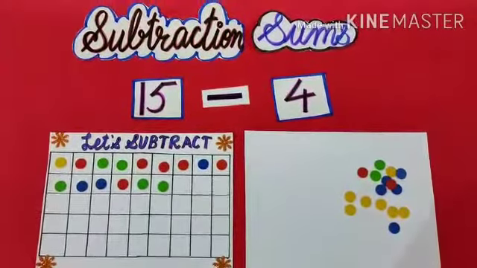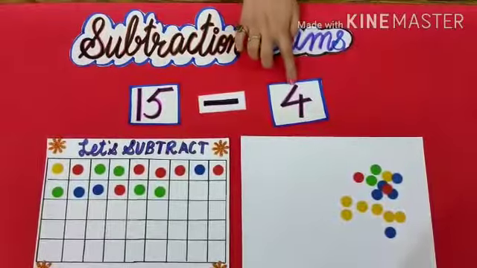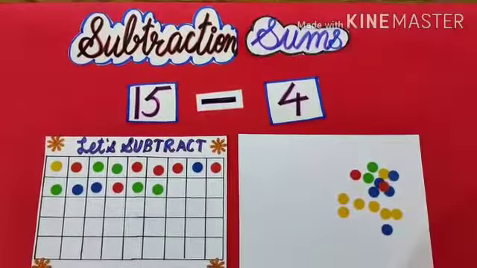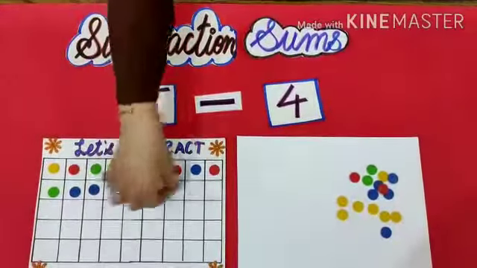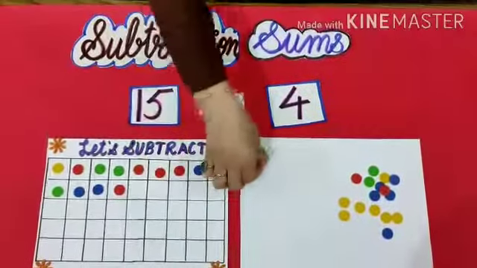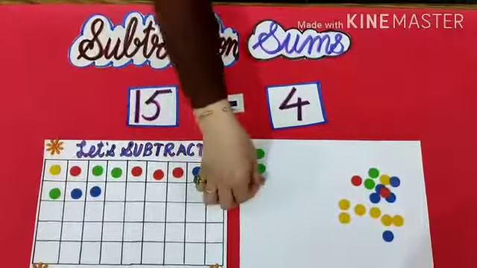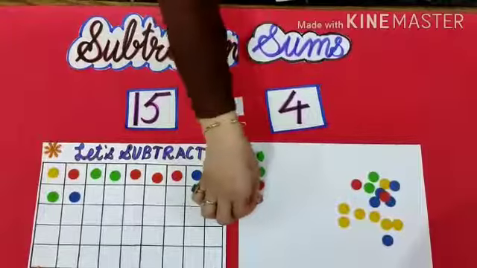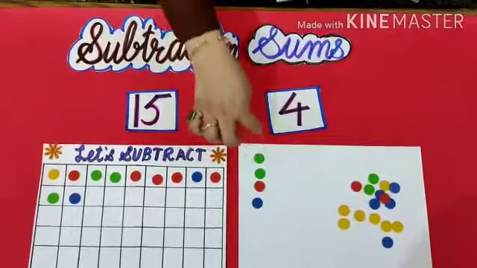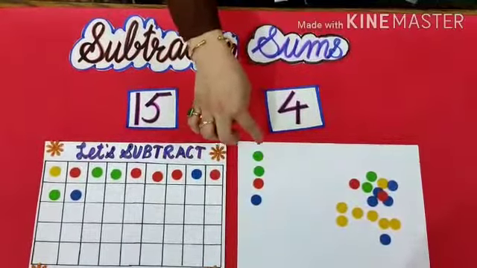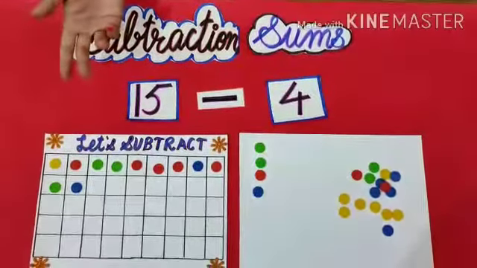How many do we take out from 15? Yes, 4. Let's remove 4 counters. 1, 2, 3, 4. I have removed these 4 counters. So how many are left?